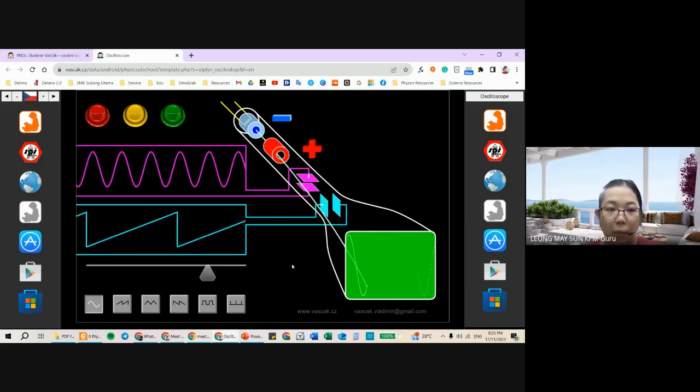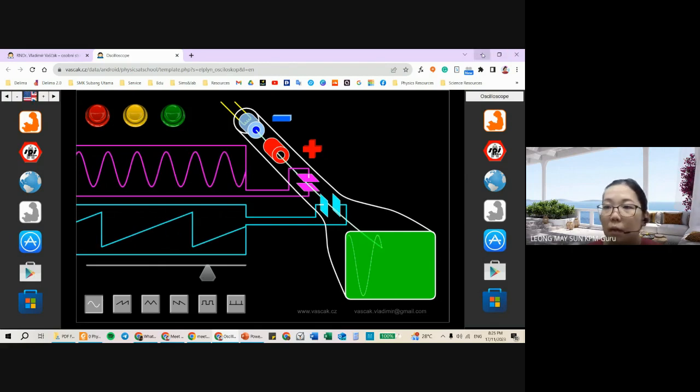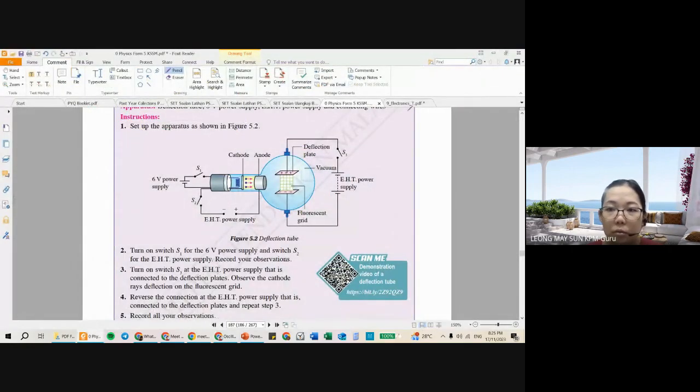Let's go back to the slides. When switch S1 is closed, electrons will be emitted from the filament.